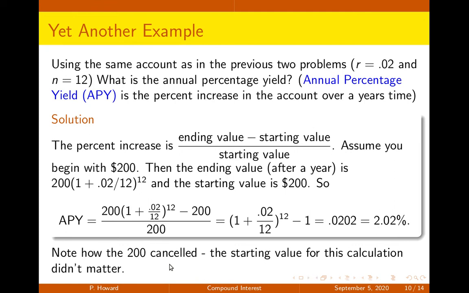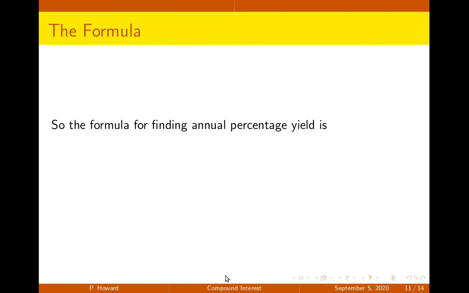So notice how the 200 canceled. The starting value that I chose sort of randomly didn't really matter. So the formula for finding the annual percentage yield is this. Annual percentage yield is 1 plus r over n raised to the n, minus 1.